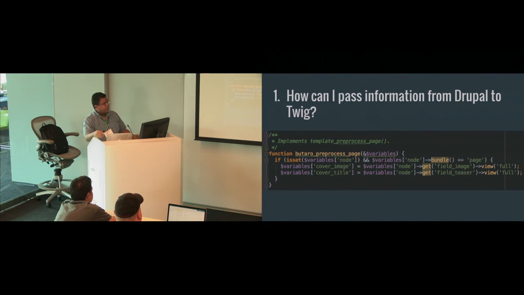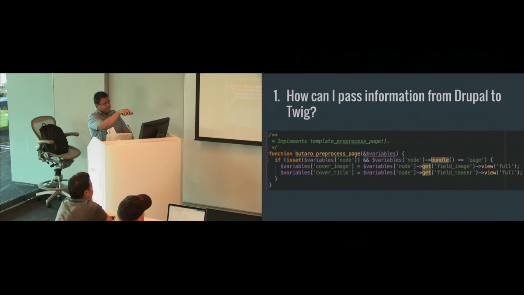After making those checks, then I add to the variables array the information that I want to pass. So I want in Twig a variable called cover_image and a variable called cover_title. And then I just do my logic. In this case, I have the node, I get a field, and I render that field.